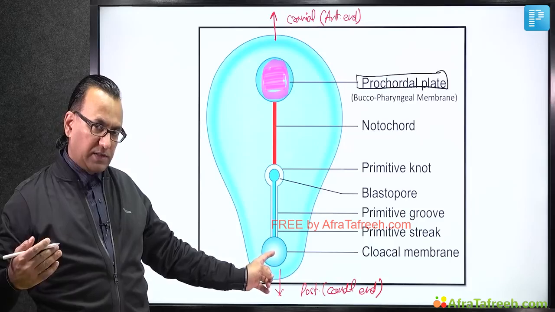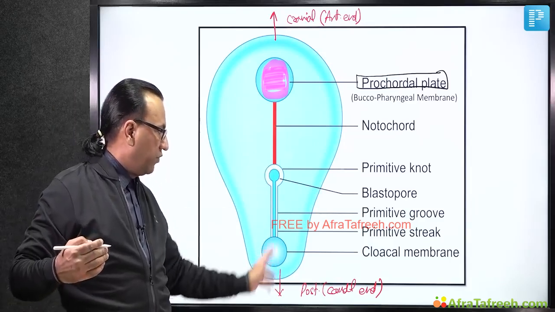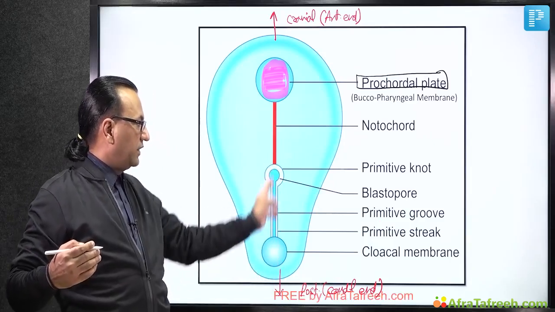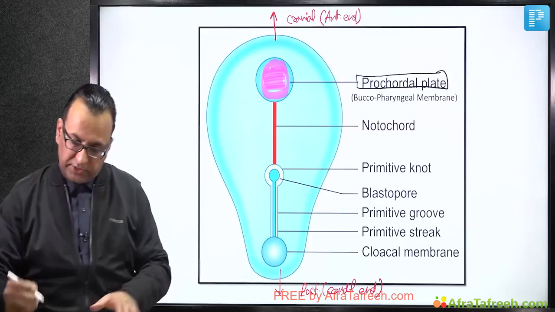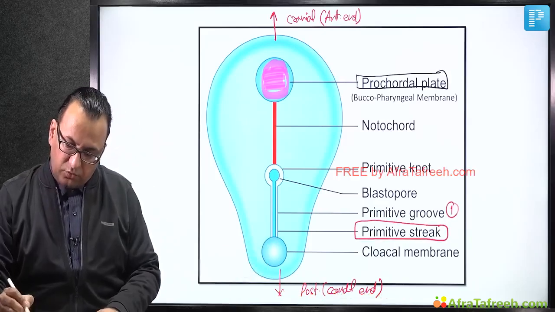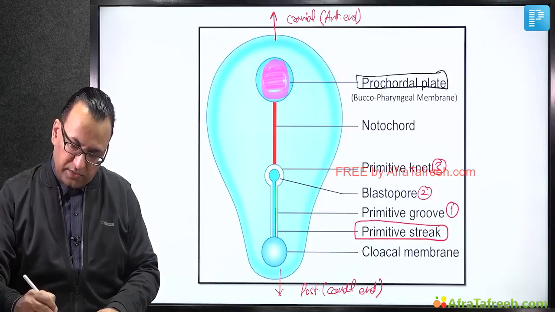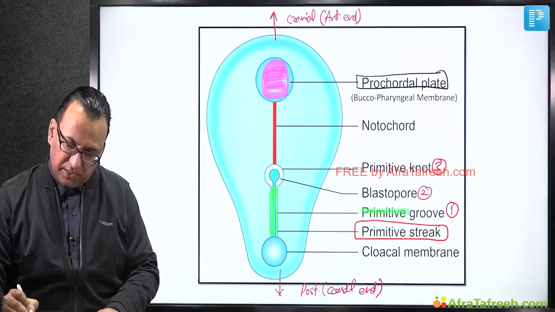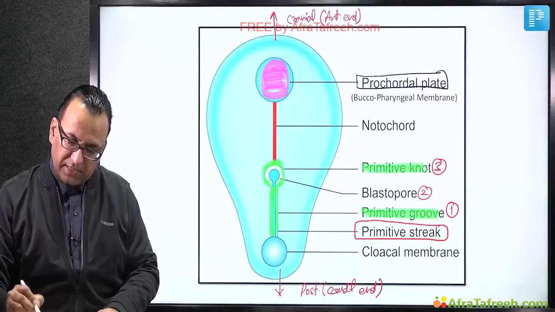Proliferation of the epiblast cells forms the primitive streak, starting from the caudal end and moving towards the cranial end, and this primitive streak will have three components. As you can see, this is the primitive streak we are talking about, having a groove, a pit and a knot. So here is the primitive groove as we see. Then we have our primitive knot, which is also called the Hensen's node.